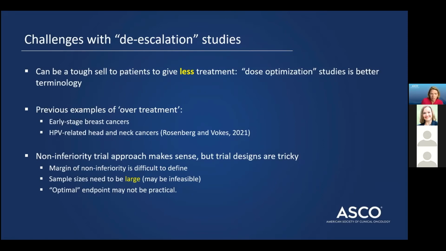In these situations, if you are trying to consider a less intensive dose or schedule, non-inferiority trials are a logical choice, but these can be very tricky due to defining what would be an appropriate margin of non-inferiority, sample sizes would need to be large, and an optimal endpoint might not be practical in a more real world setting in this post-market setting.